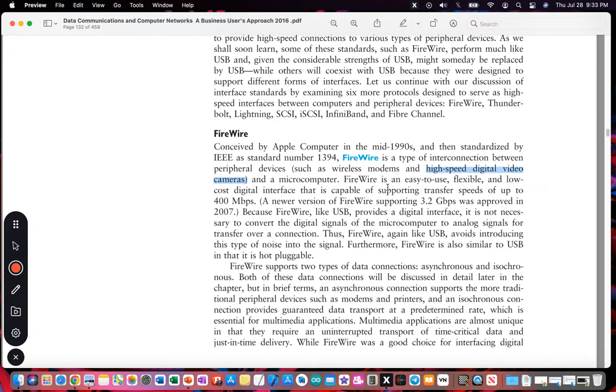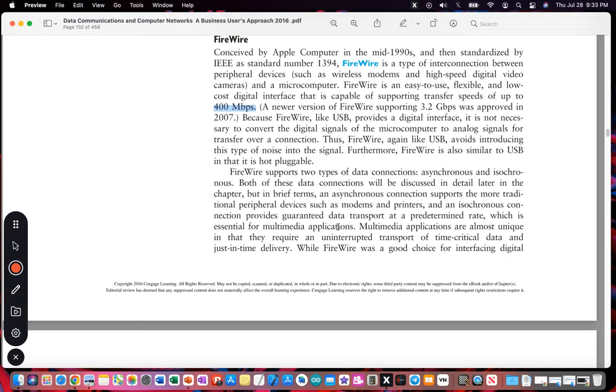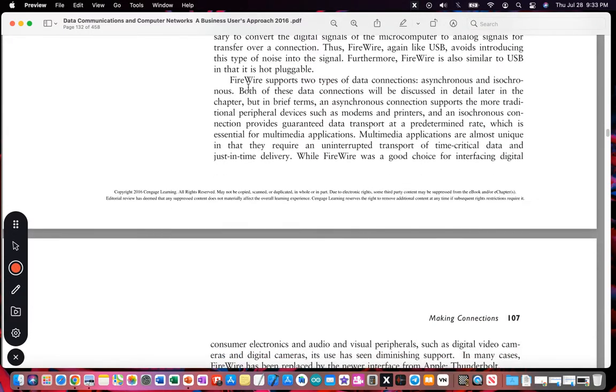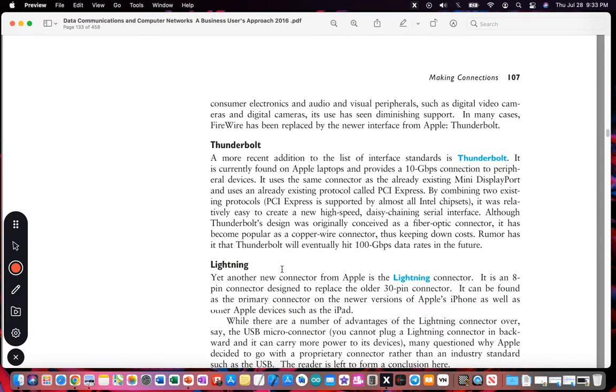FireWire is an easy-to-use, flexible, low-cost digital interface capable of supporting transfer speeds of up to 400 megabits per second. All right. FireWire supports two types of data connections: asynchronous and isochronous. Both of these. So we can just continue.